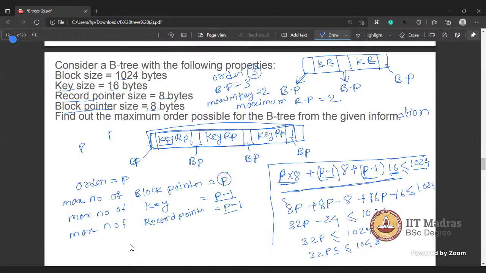So p is less than or equal to 1056 by 32. So what will be this? 33. So we have to give the floor value, so the maximum order possible is 32.